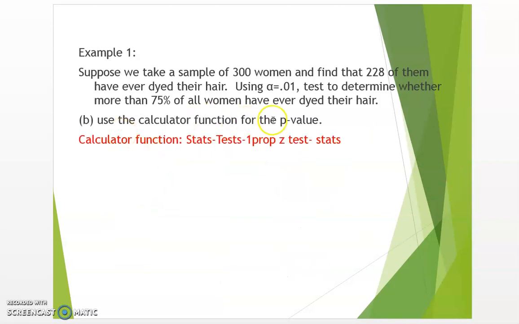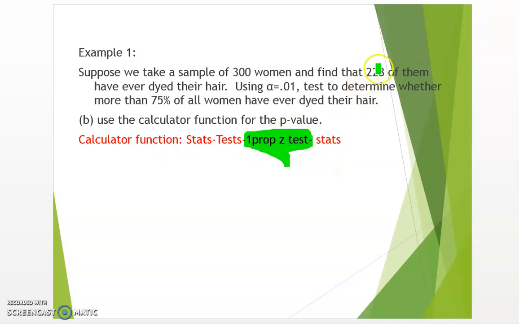We can also find the p-value just by using the calculator function. Here, you should go to stats, then move on to tests, and then look for z-test. However, it's not the regular z-test, it's the one proportion z-test. Kind of consistent with what we did previously, one proportion z interval. So here's the one proportion z-test.